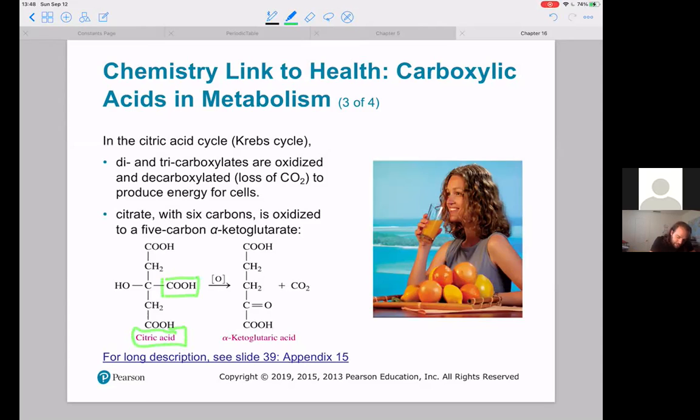And then it will enzymatically oxidize this carboxylic acid group to CO2. And so that's the CO2 that you're exhaling, because of this metabolic step right here, where a carboxylic acid group is again enzymatically oxidized, releasing CO2.